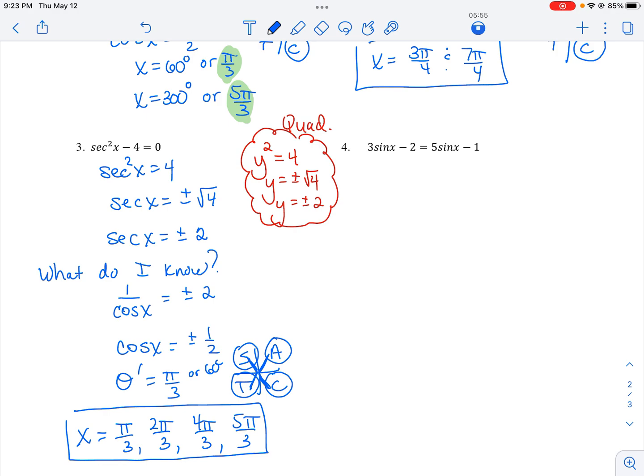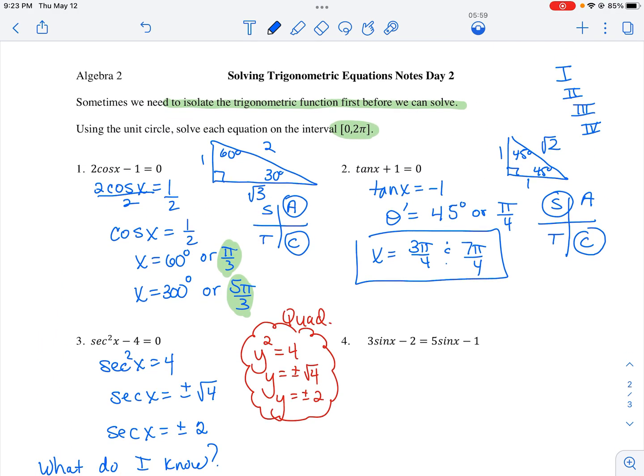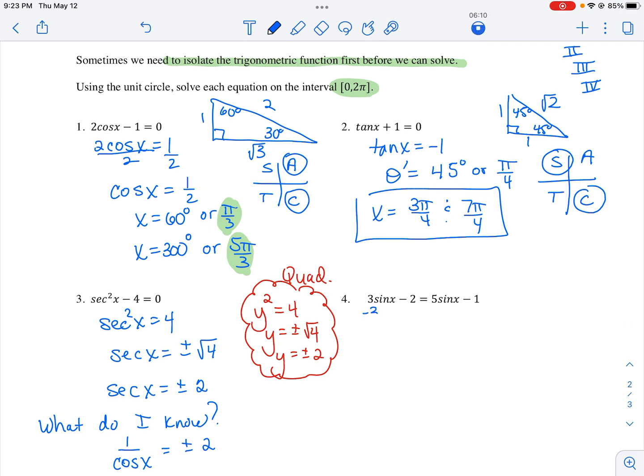All right, last one. In number 4, I want you to look back up, and what is the first step in solving a trig equation? Well, it's isolate the trig function. So watch what I'm going to do. I'm going to subtract 3 sine x from both sides.